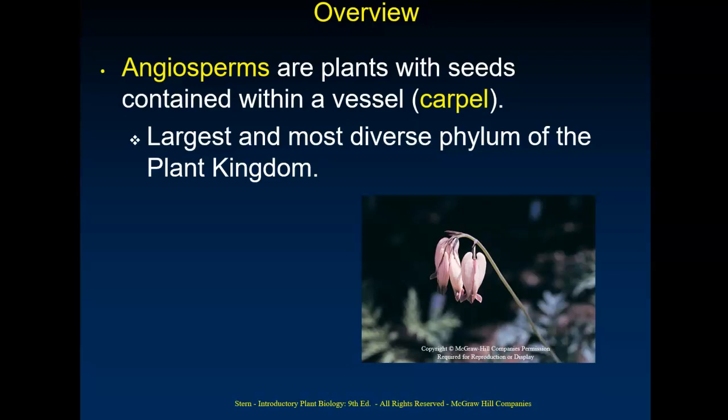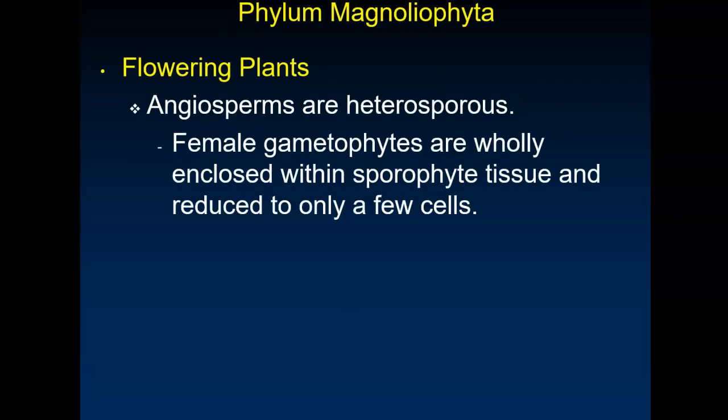So when we say that it's the largest and diverse, it is a huge group. So this is in the phylum Magnoliophyta, and that's really named after the magnolias. We think they're a primitive type of flower that were probably around when the first angiosperms emerged.